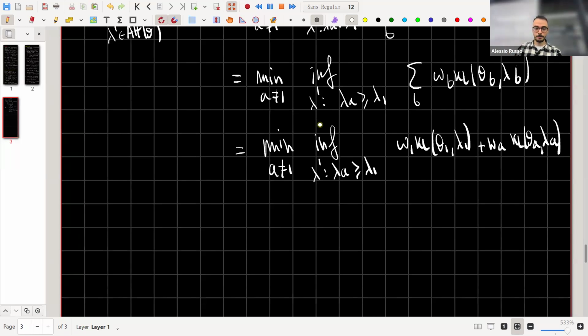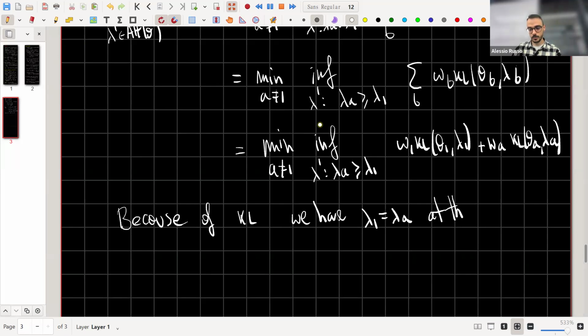Very good. The next thing that we want to see is that because of the convexity of the KL divergence, we can show that lambda 1 needs to be equal to lambda A at the optimum.